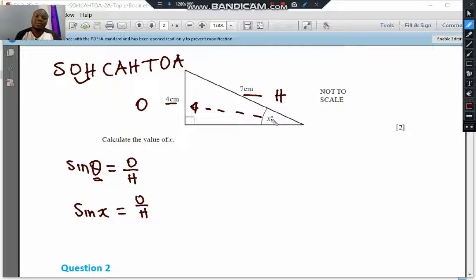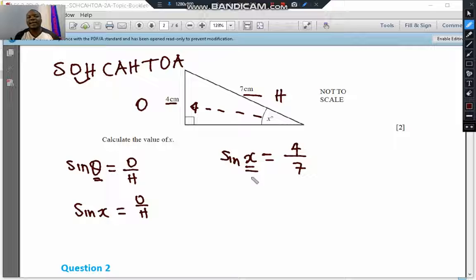So now what we need to do to find the value of x is to substitute 4 where there is O and then 7 where there is h. So we're going to say sine theta, which is sine x in this case, would be equal to 4 divided by 7. Now what this is going to give us is the ratio, but we want to find the x.